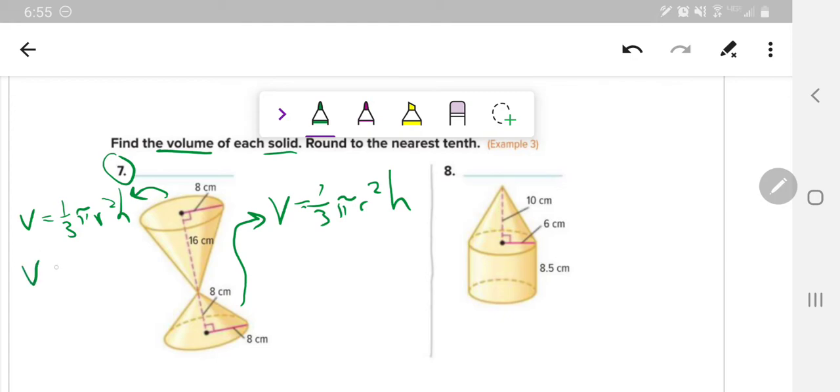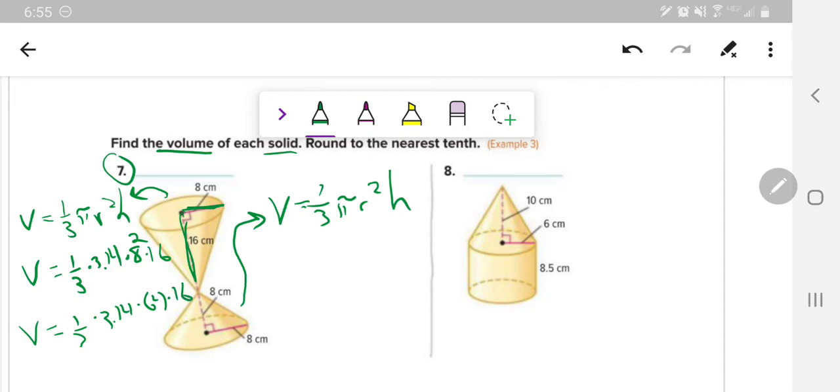Showing your work is an important step. 1/3 times 3.14 times the radius squared. So that's this top one, the radius is 8, times the height, which is 16. Oops, I need to put my square with that. All right, 1/3 times 3.14 times 64 times 16.